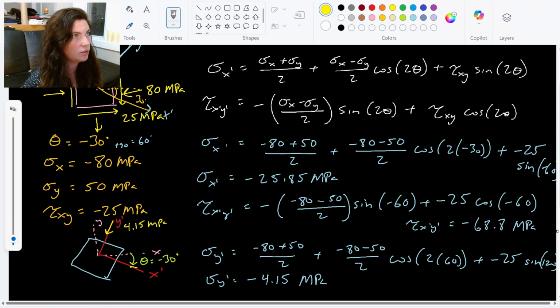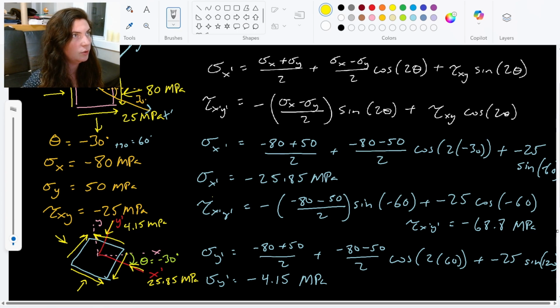Our x is also negative, going inwards, 25.85 megapascals. And then that's mirrored on both sides. And then our shear stress, again negative, which means it points down on the x side towards that corner, and then back away, so that way my shear arrows always meet up.